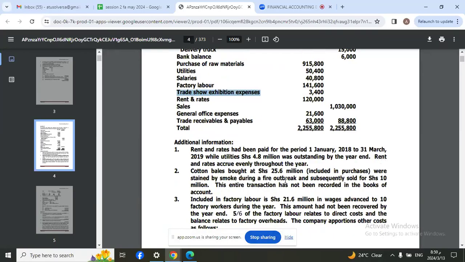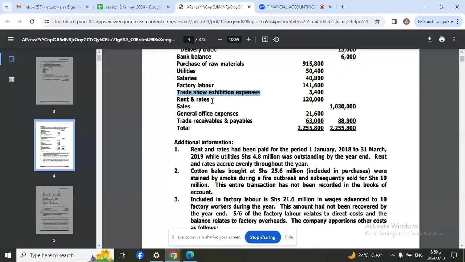But remember, they are telling us that during the year, these ones were sold 10 million. So what we can do, we can either call this one cash or still it becomes bank.